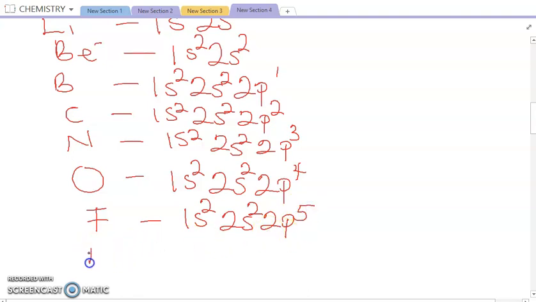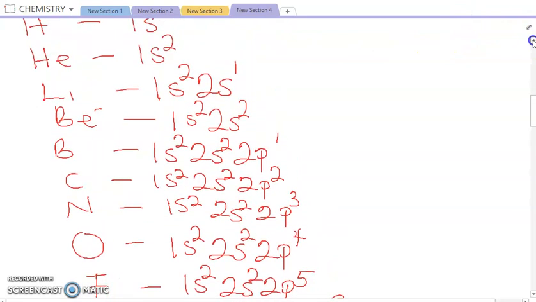Then for neon, we have 1s2, 2s2, 2p6. So if you look at this, you will see that we have written the electronic configuration of the first 10 elements. Let us look at the electronic configuration again.